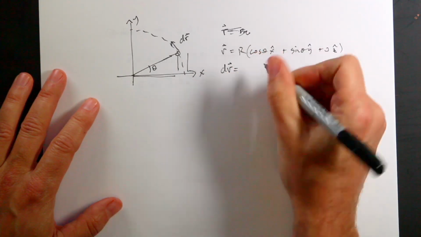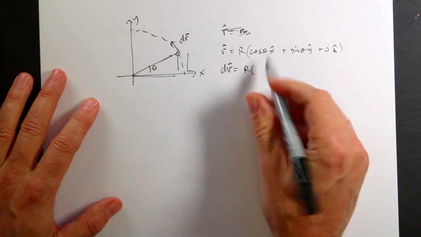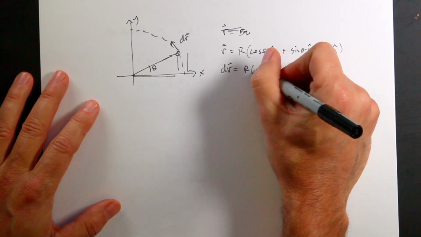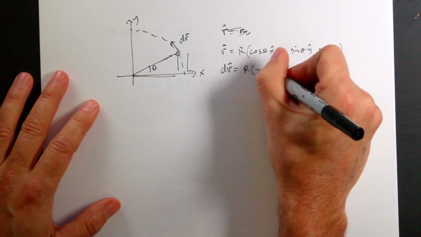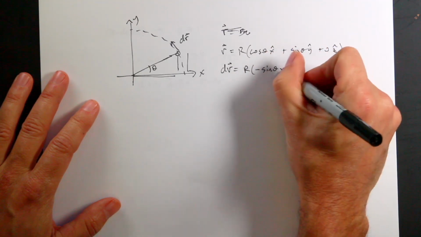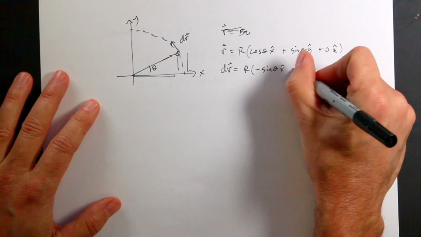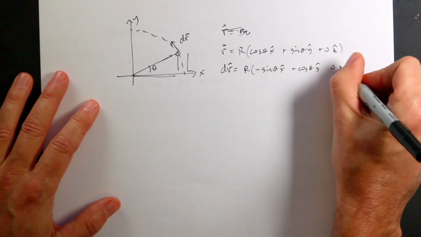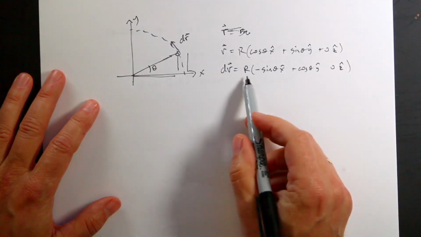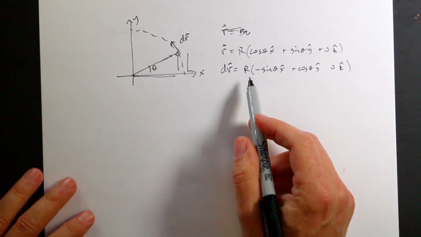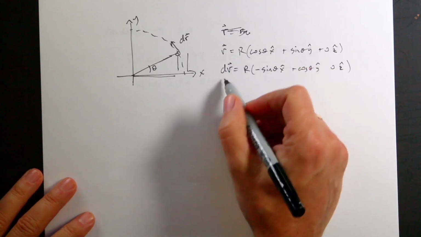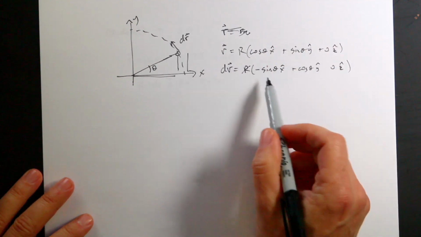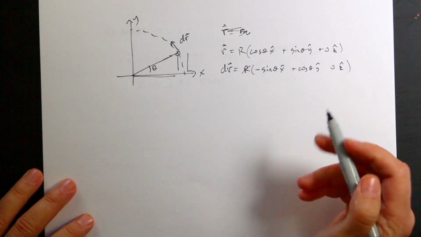Dr is going to be equal to r times the derivative of cosine theta with respect to theta, this is partial I guess, it's going to be negative sine theta. The derivative of sine theta is going to be cosine theta. And the derivative of 0 is 0. And then I want to divide that by the magnitude, if I divide this by r, this does have a magnitude 1, because this squared plus that squared is indeed 1.